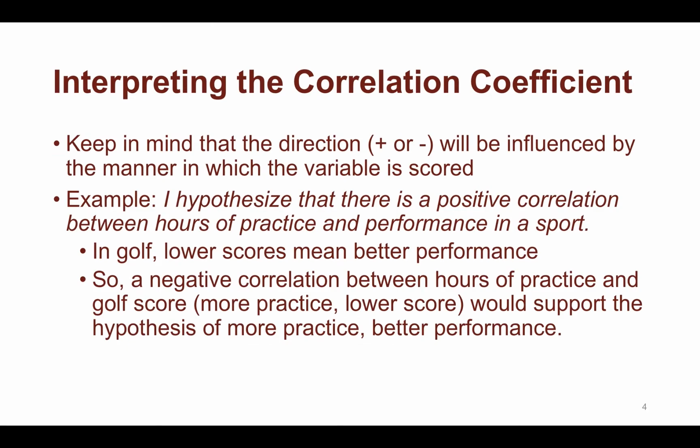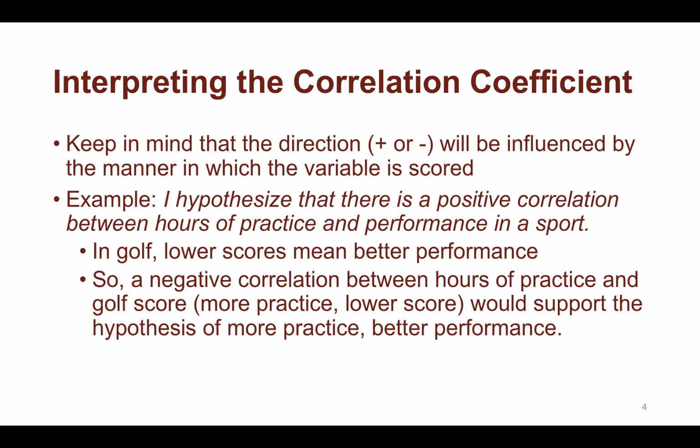To interpret the correlation coefficient, you do need to be mindful of the way in which the variables were scored. Sometimes it can be misleading: if a lower score means better, then you may see a negative correlation when you're expecting to see a positive one.